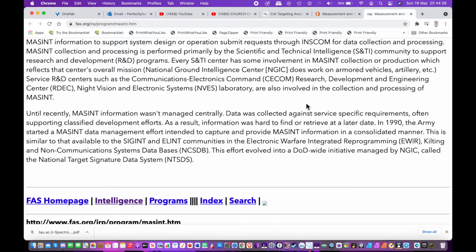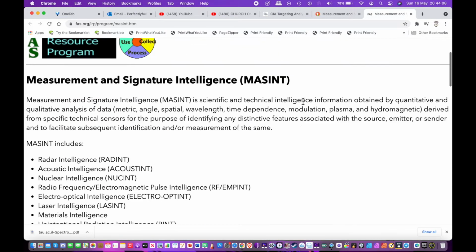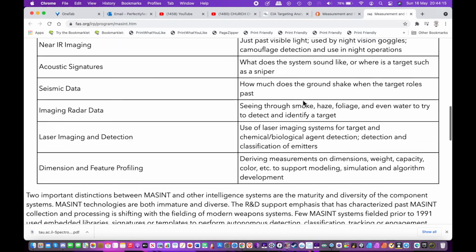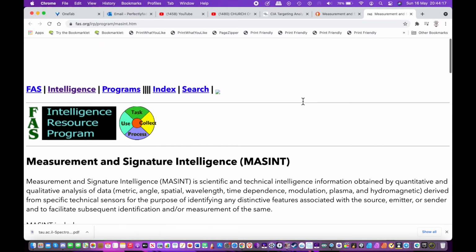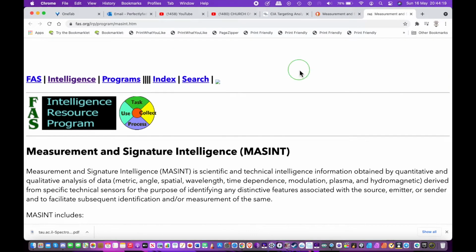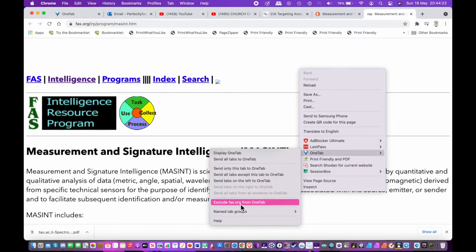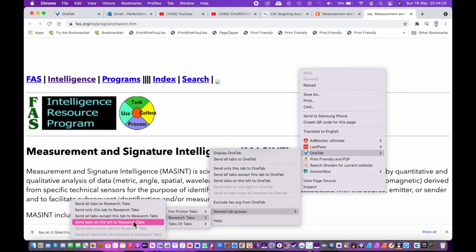Okay, so we kind of learn what it is on a basic level, and as this is an old article or web page, we kind of got the gist of it.